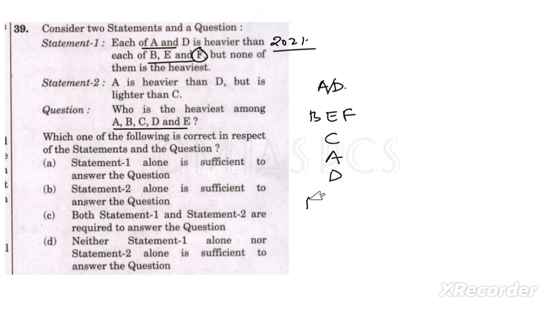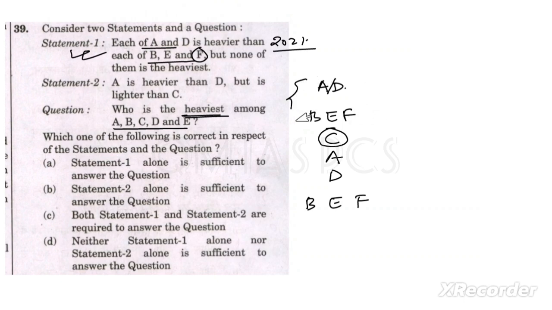Now here is B, E, F. Okay, so here do we require the lightest one? We require the heaviest one. Based on the question, it is given which one is the heaviest among A, B, C, D, E. So we are getting which one is the heaviest? C. Okay, so now tell me, with the help of statement 1, are we getting the answer?